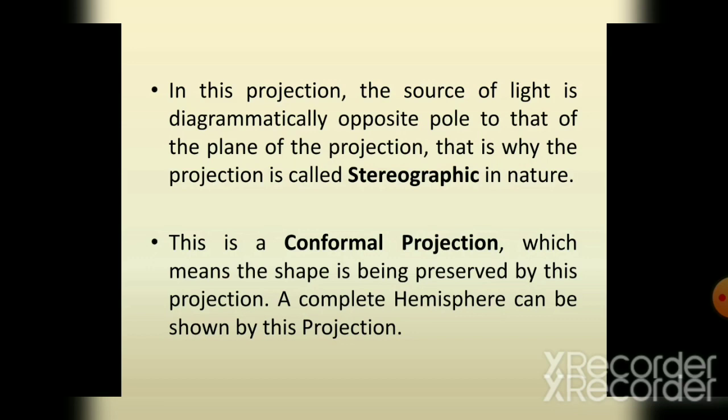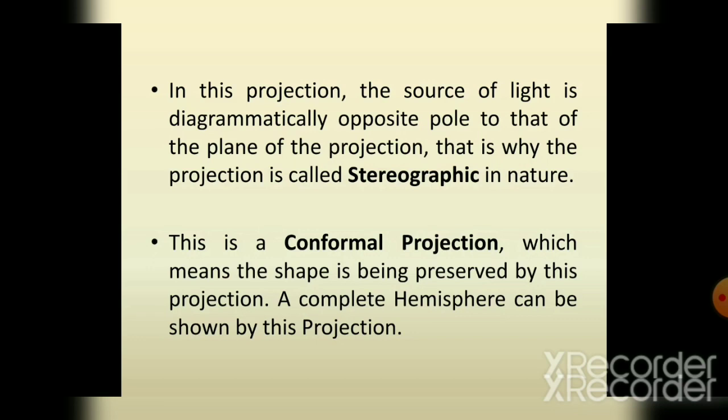That means you come to know why it is called equatorial, why it is called azimuthal, why it is called stereographic projection. Right. Now it is also a projection which maintains conformity. That means it's a conformal projection, or the property of orthomorphism is maintained, where the shape is preserved.